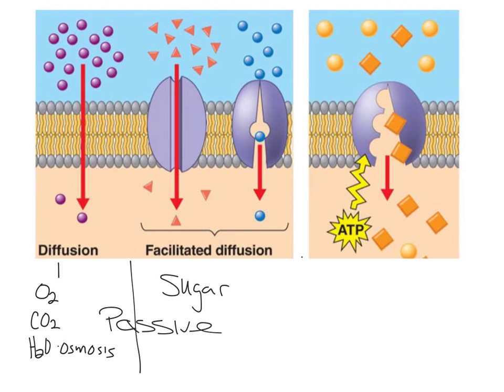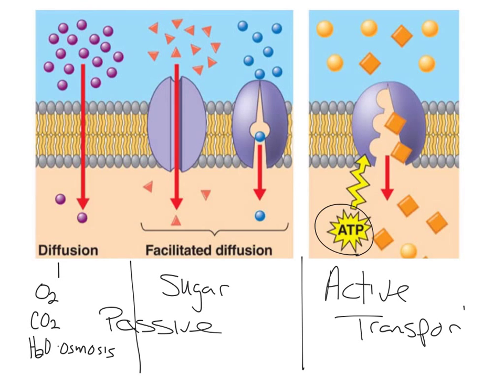And then over here, whenever we see ATP, we know that's cell energy, and so this is active transport. This requires cell energy. We're moving larger particles in and out of the cell, and we're not relying on concentration to have that happen. We're not relying on areas of high and low concentration for that to happen.